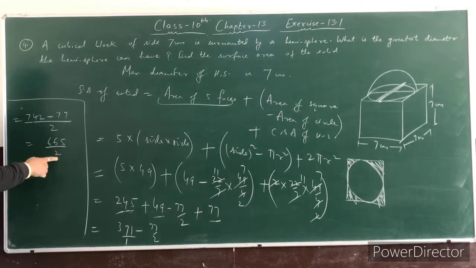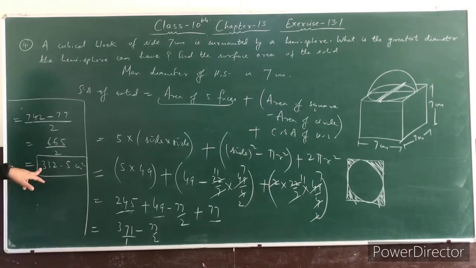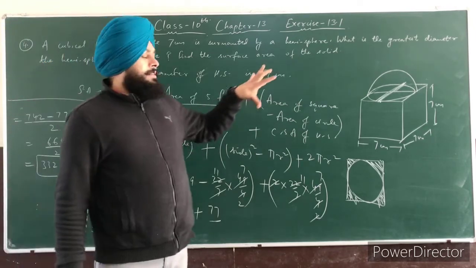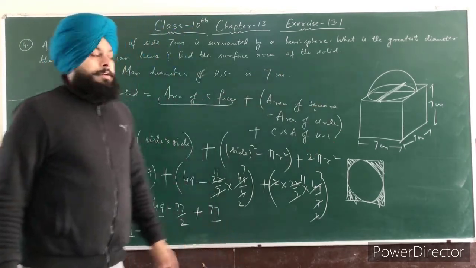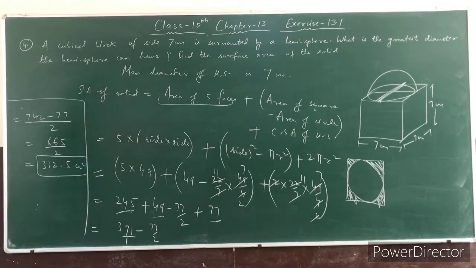Now divided by 2. So the answer is 332.5 centimeter square of the surface area of this remaining solid. Yes, students, this is your question number 4.